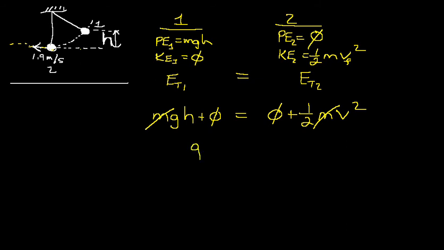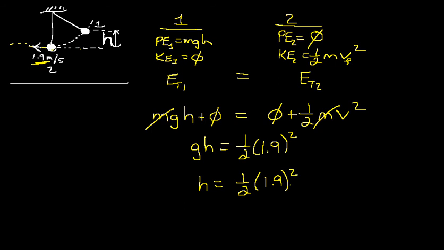Our equation breaks down to this: gh is equal to 1/2 v squared, and we know what v is. We're told it's 1.9. So our height is going to be 1/2 of 1.9 squared, and this g is 9.8, the whole thing divided by 9.8.